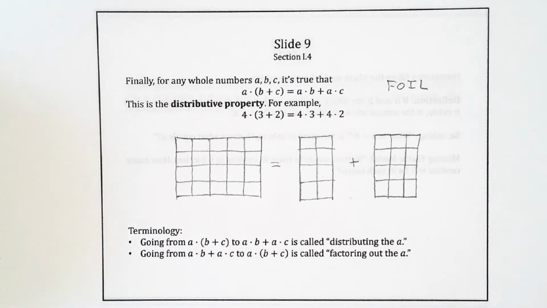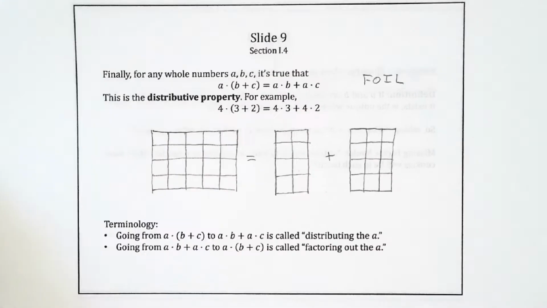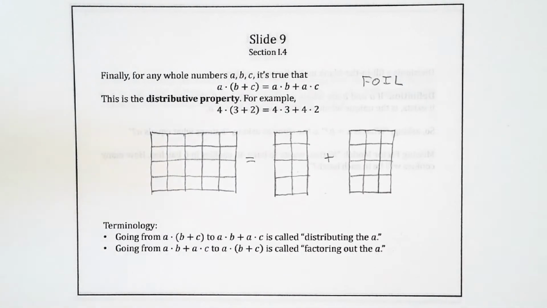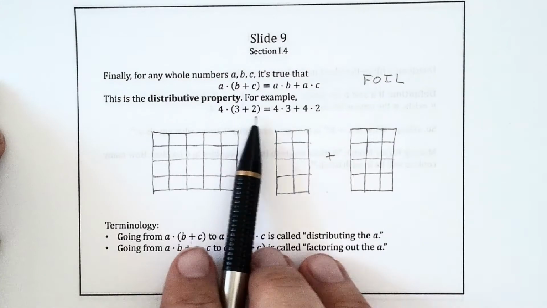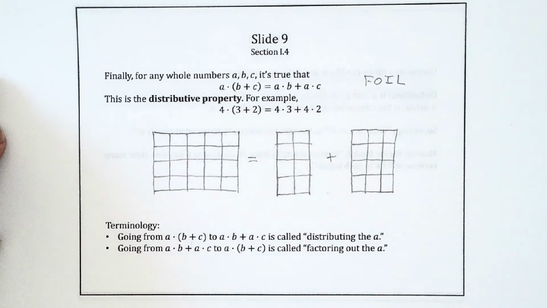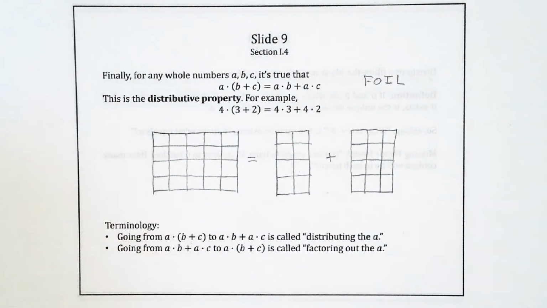Now, here's some terminology that you would use when you're speaking out loud in front of a classroom. If you go from something like a times (b plus c) to a times b plus a times c, that is called distributing the a. Like up here, I distributed the 4 to the 3 and the 2. It's like you're passing it out to everybody.